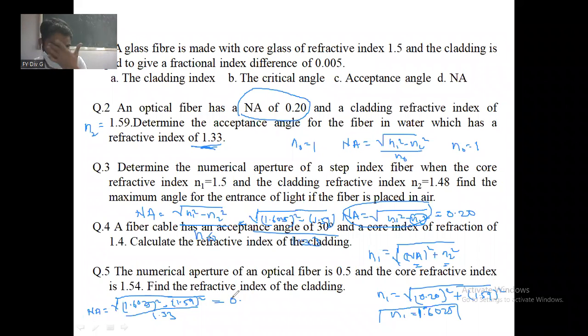NA, if there is the condition fiber optics in the water medium, then NA is equal to 0.1515. 0.150. Yes good.